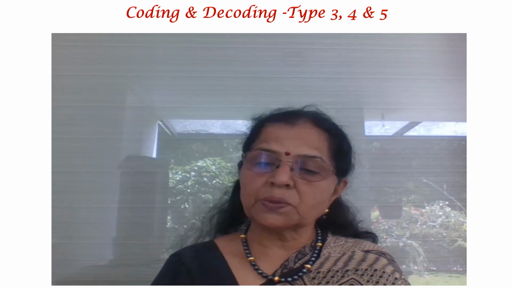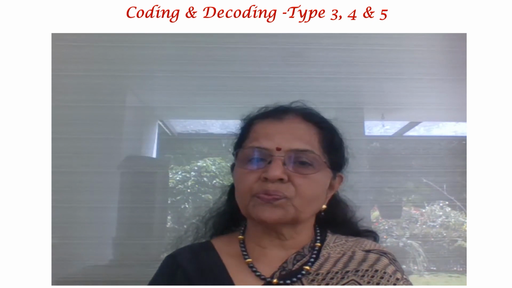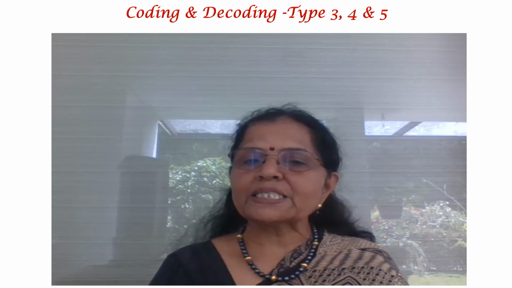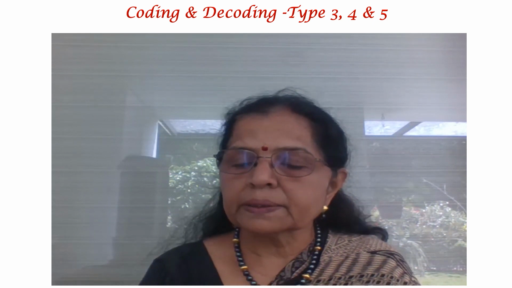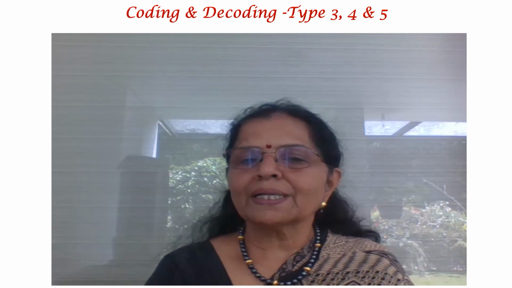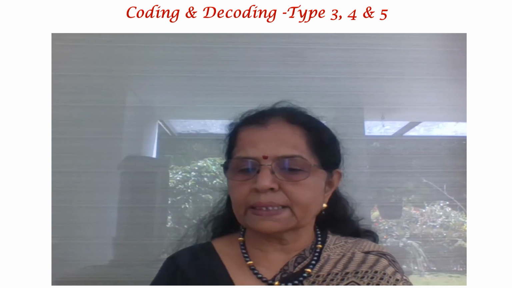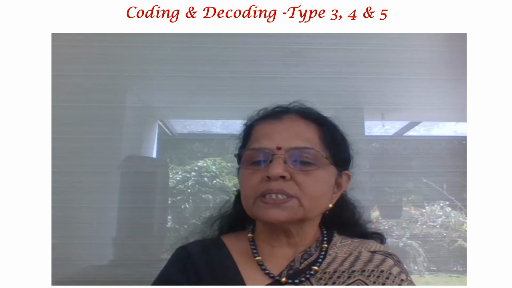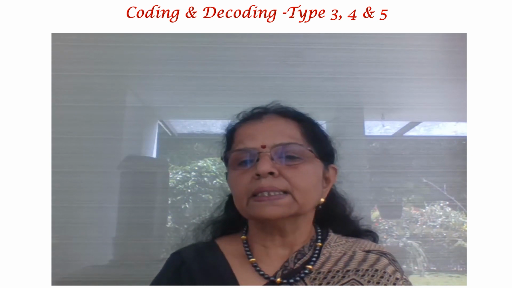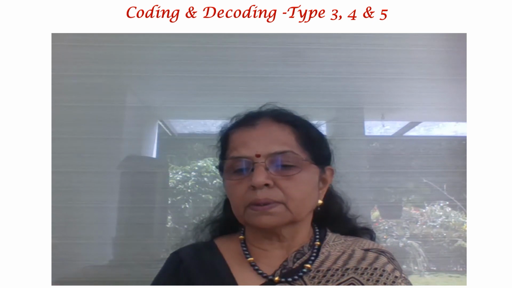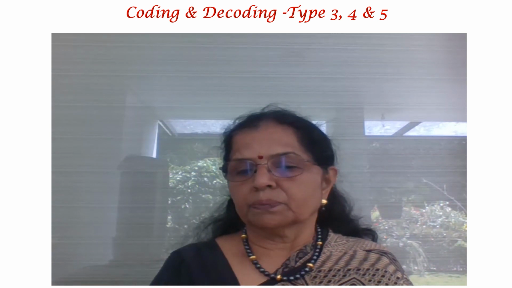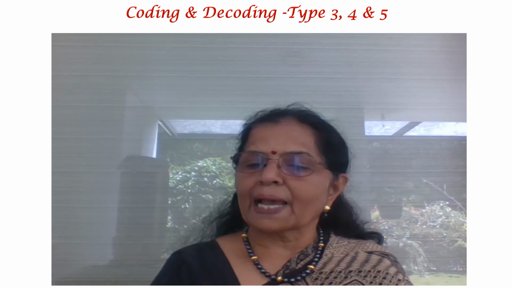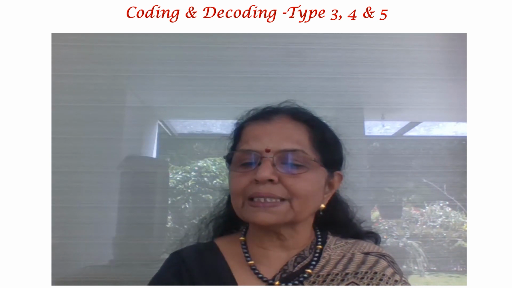We saw two different types of solving coding problems. The first one, straight method. We just found out what letter is replaced by what letter in the given word, and we do the same replacement in the asked word.